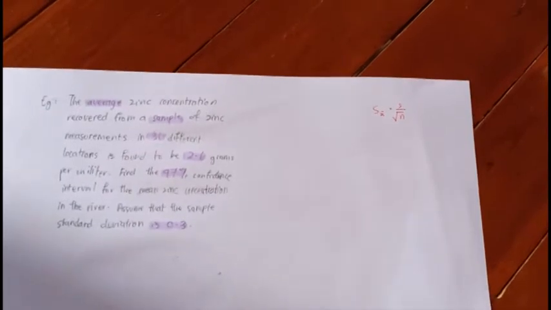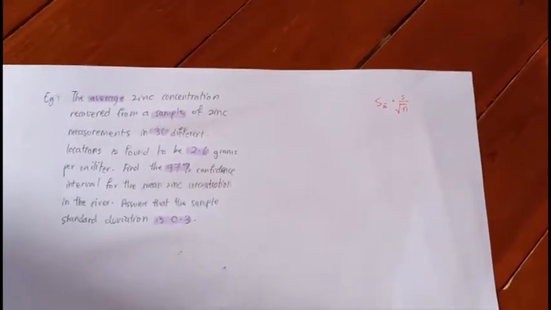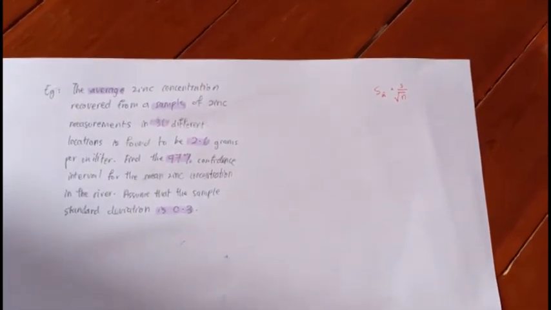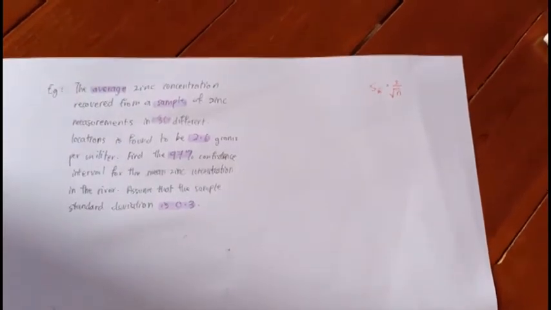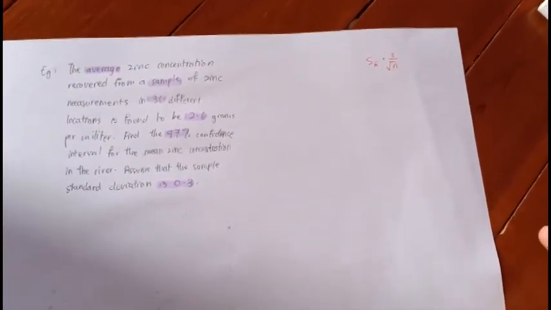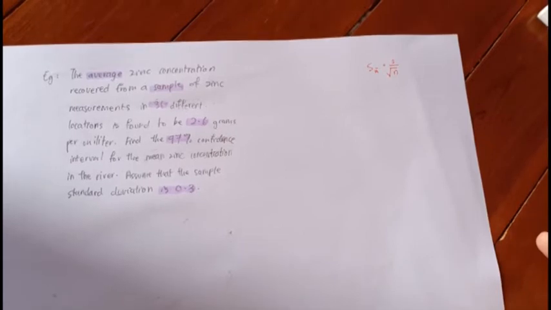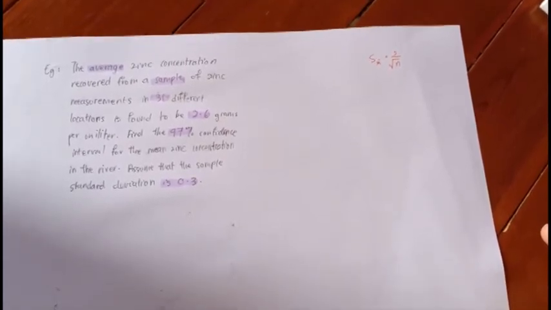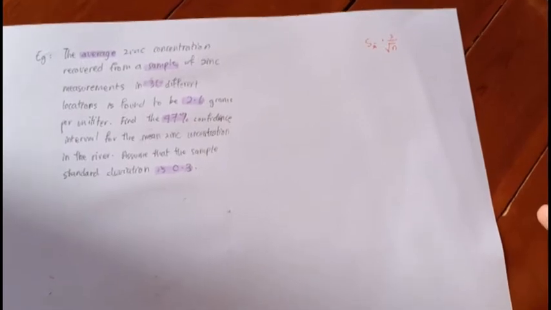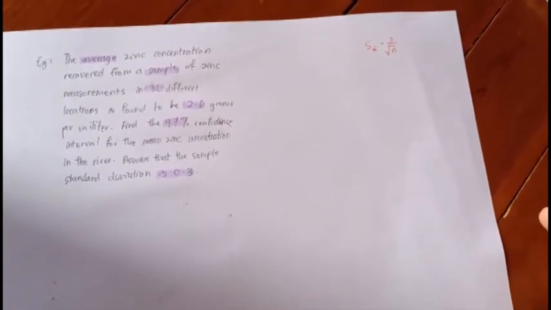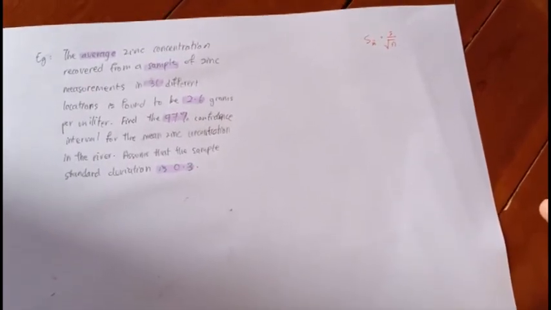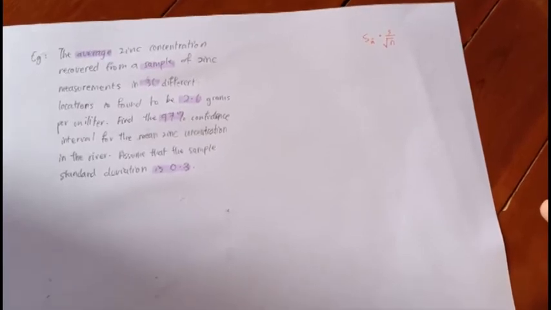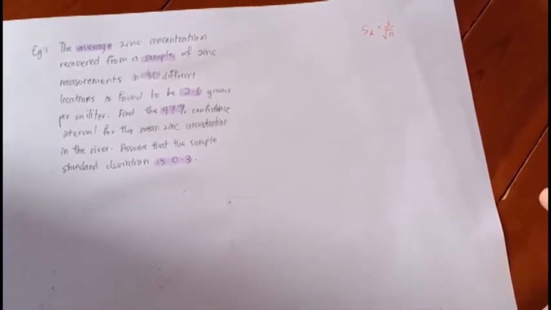Now I will show you an example to find the interval estimate of a population mean. The average zinc concentration recovered from a sample of zinc measurements in 36 different locations is found to be 2.6 grams per milliliter. Find a 97% confidence interval for the mean zinc concentration in the river.